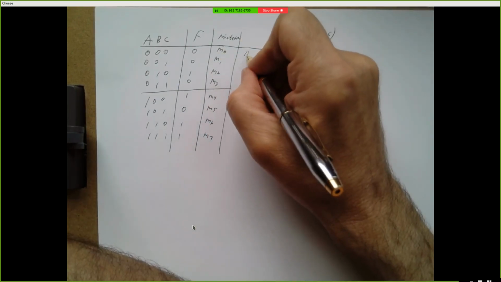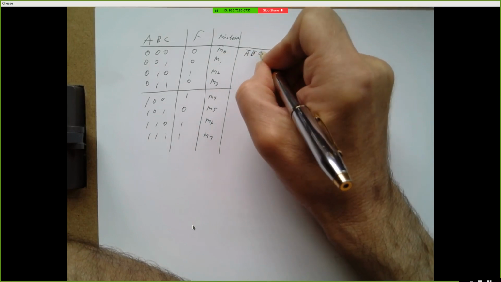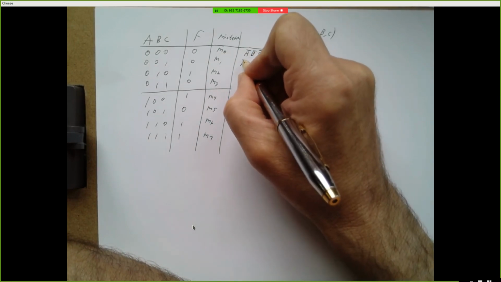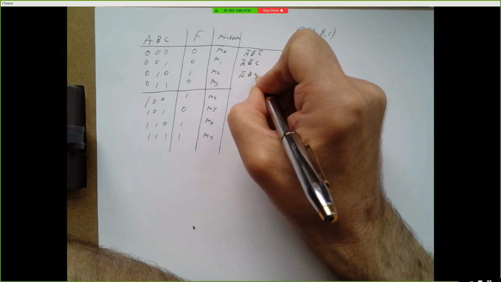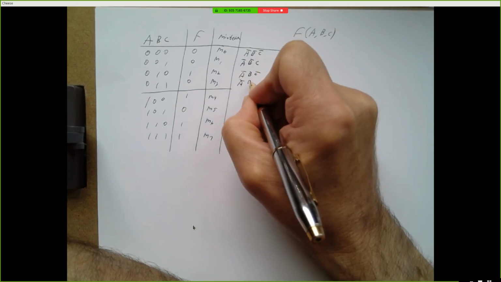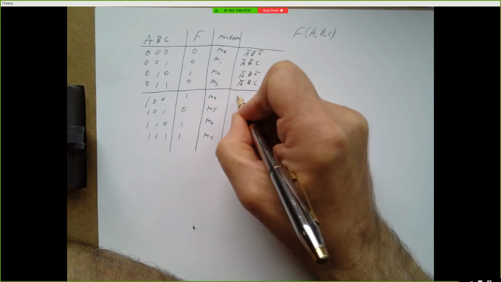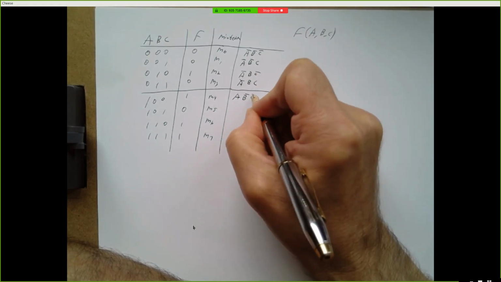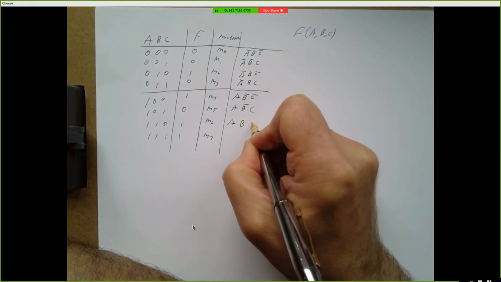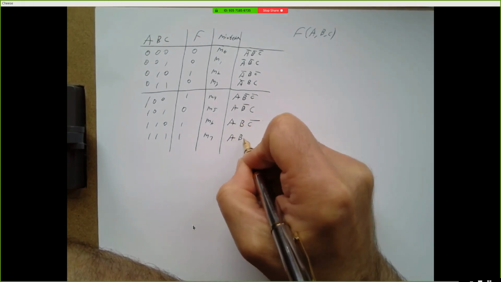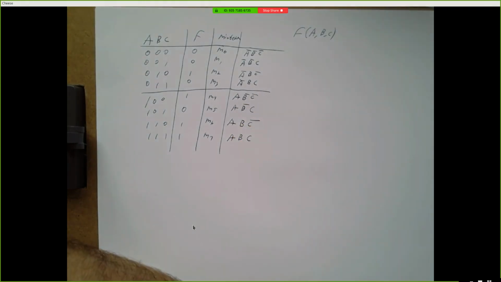So minterm 0 is A bar, B bar, C bar. This is A bar, B bar, C. A bar, B, C bar. A bar, B, C, and so on. So there's the 8 standard minterms.